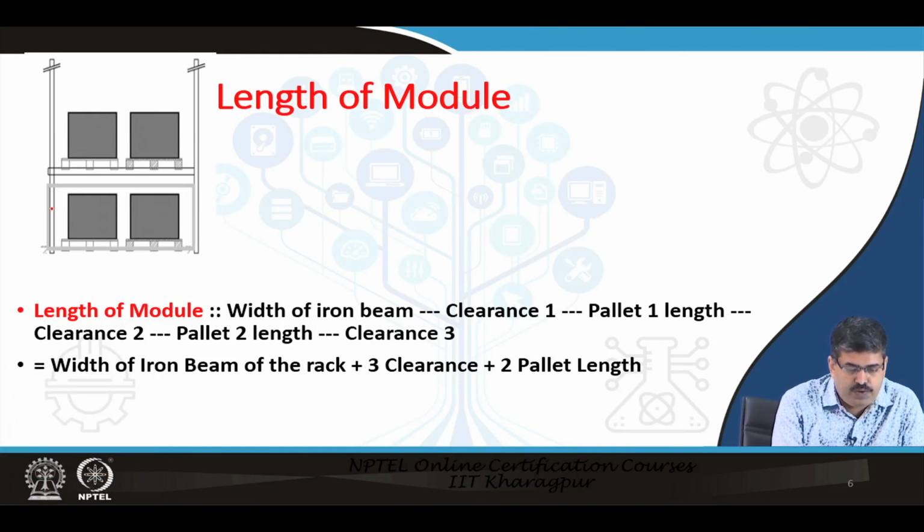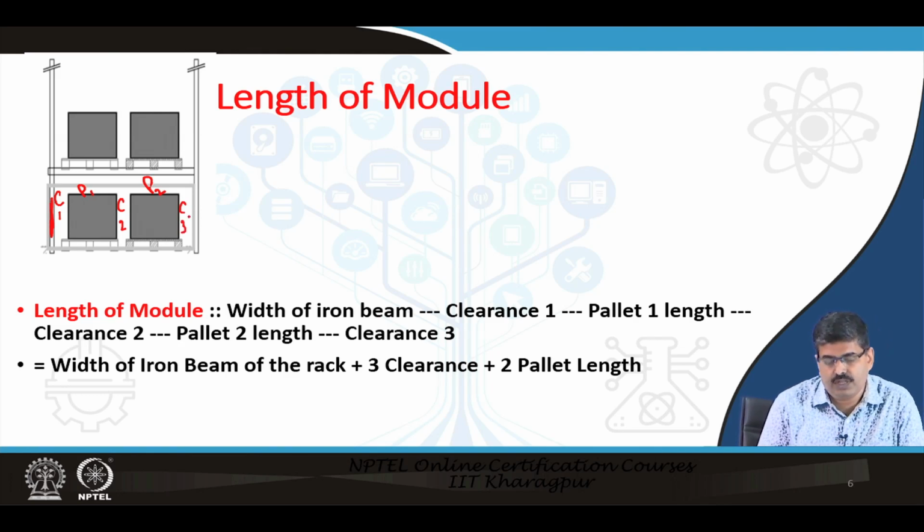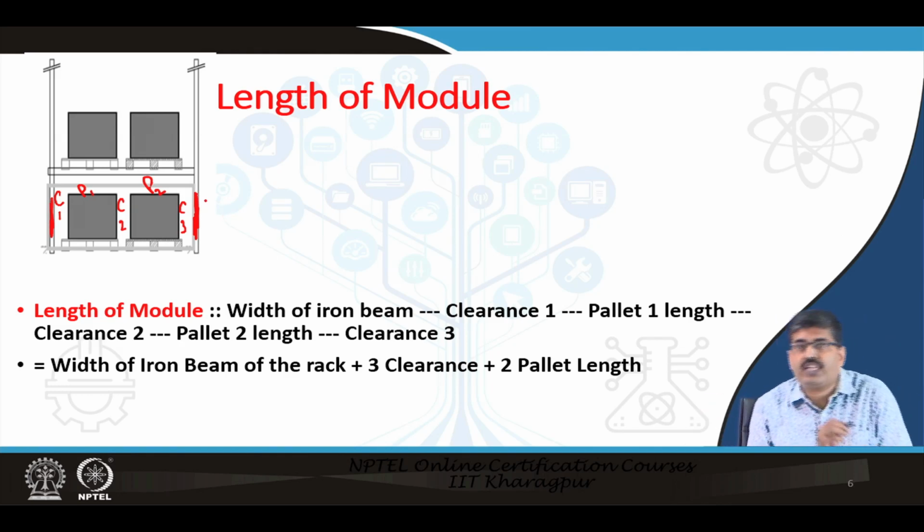So, width of this iron beam, clearance, pallet 1 length, this was clearance 1, clearance 2, pallet 2 length, clearance 3. The width of this iron beam will not be taken. Why? Because it will be considered for the next one.